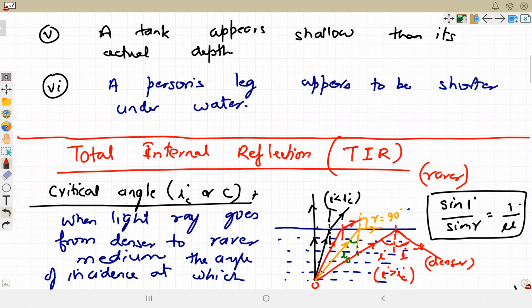Critical angle से कम है तो वो light बाहर निकल जाएगी रेयर मीडियम में, critical angle पर है तो वो दोनों मीडियम के पैरेलल निकलेगी along the surface. If it is greater than critical angle, then light will be reflected back into the same medium. No light will go in air. And therefore it is called as total internal reflection.